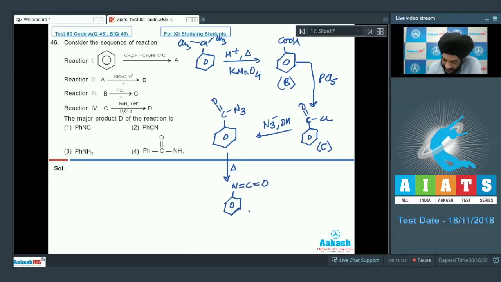We'll have the formation of isocyanate, and this upon further hydrolysis is going to give us aniline. So we have to comment on the end product of this reaction. We have to mark PhNH2 as the correct answer to our question, which is given in option 3.